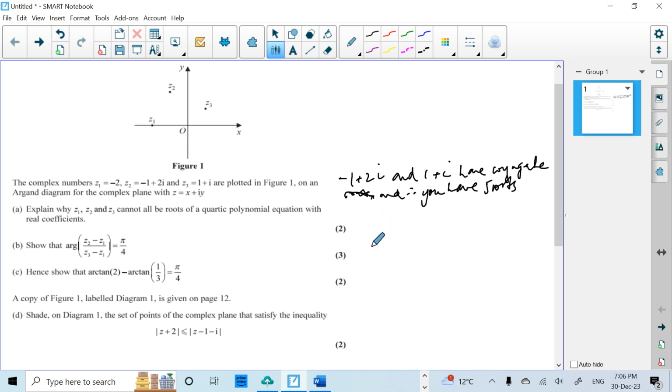you've got to show that the argument of z2 minus z1 over z3 minus z1 is equal to pi over 4.